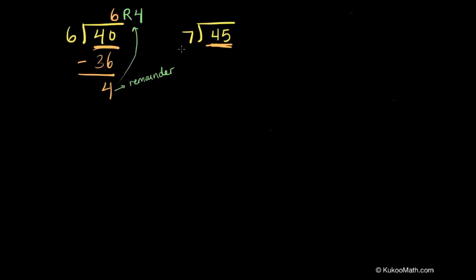The closest we can get is 7 times 6, which is 42. So we're going to write the 6 on top of the last digit that we counted. We multiply, 7 times 6 is 42, and then we put that answer under the 45, and we subtract. 45 minus 42 is 3. We can't fit 7 into 3 anymore, so 3 becomes our remainder. And we're going to write it 6 remainder 3.